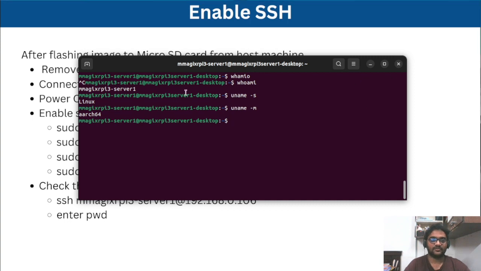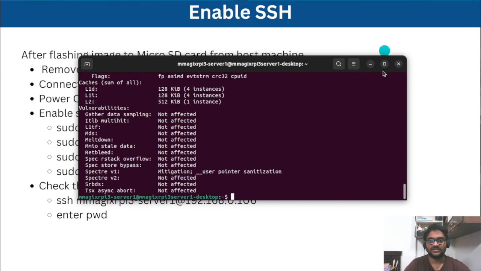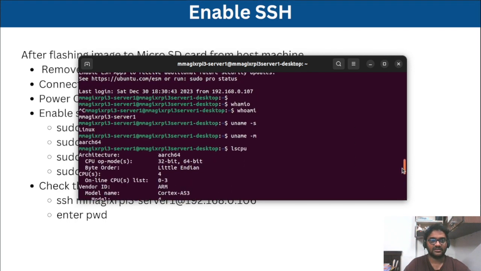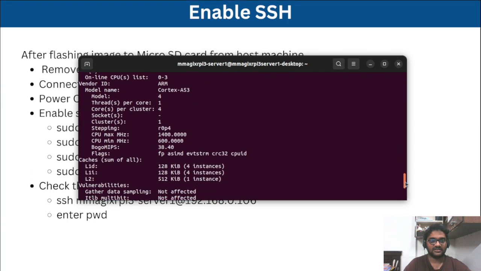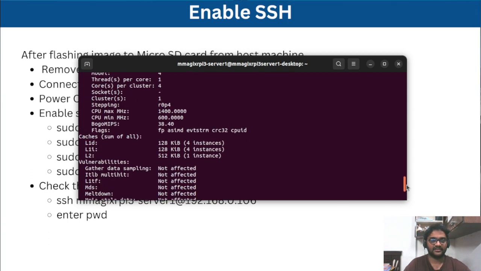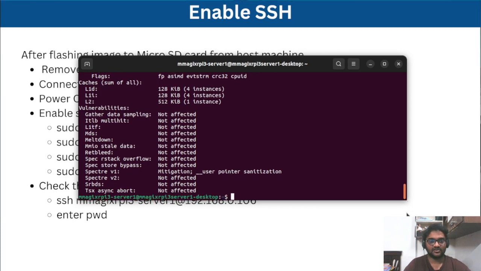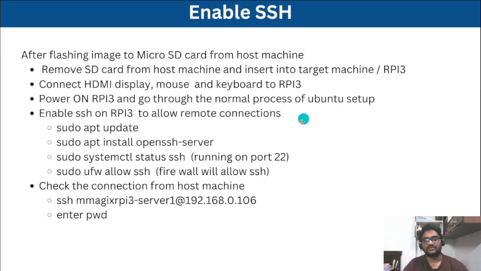This is about the target machine, and we can also give the command lscpu. This gives some additional details about your machine, like the architecture, the model, the CPU processing speed, the cache memory, and all other details. So this is about the target machine.